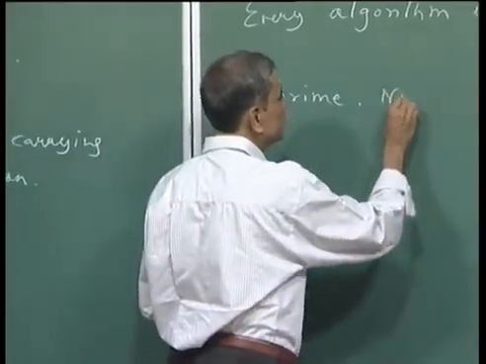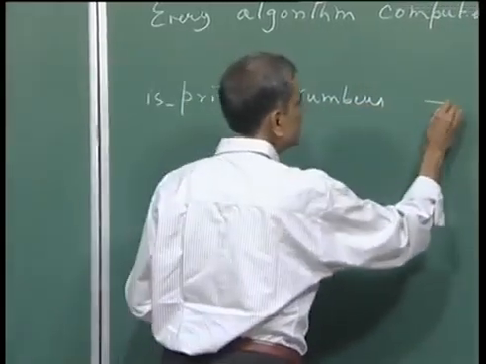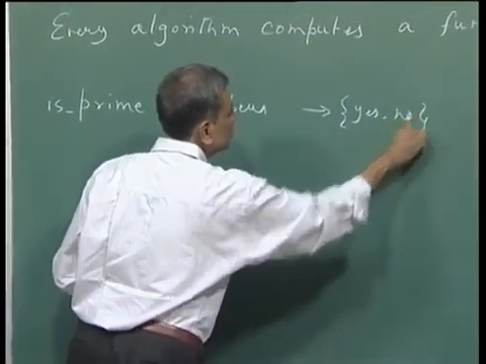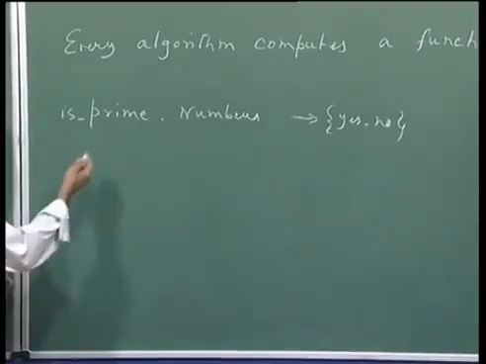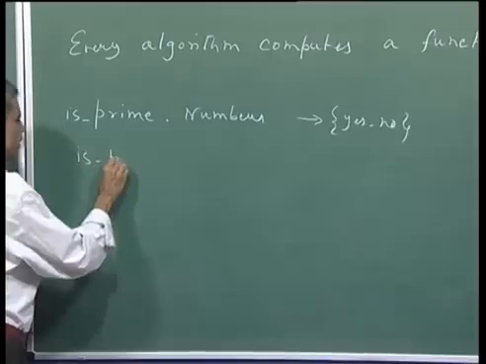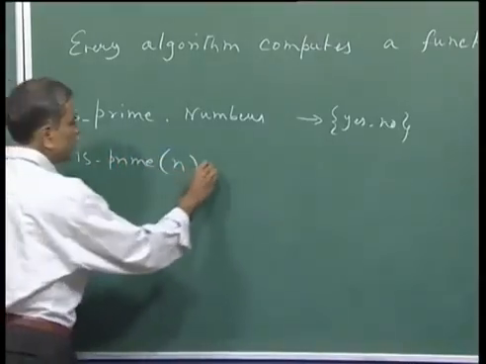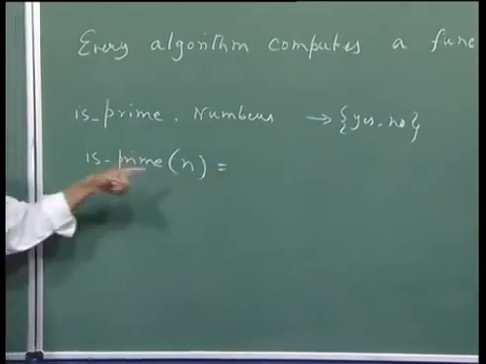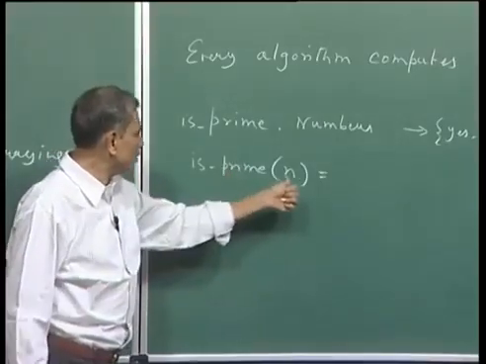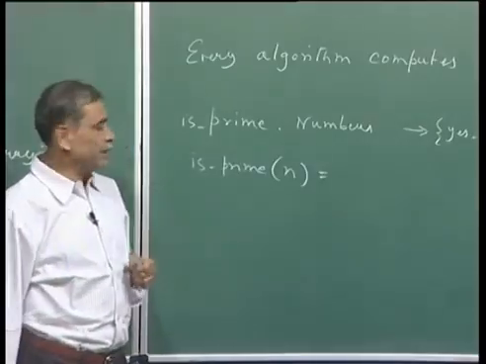So, let us say my domain is the set of numbers and the range is yes or no, and by that what I mean is, supposing I say is prime and then apply it on a number, then the output, or the answer, the value of this function on the argument n, is going to be either yes or no.